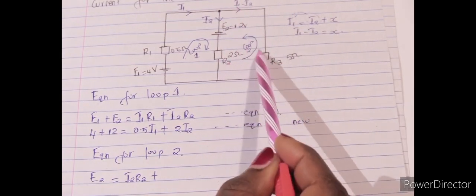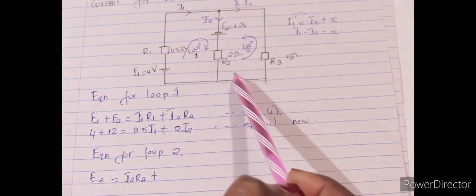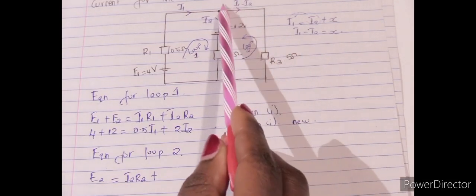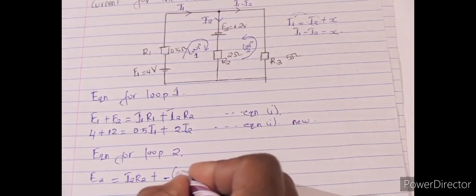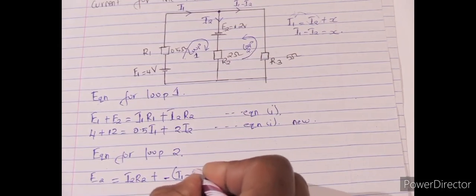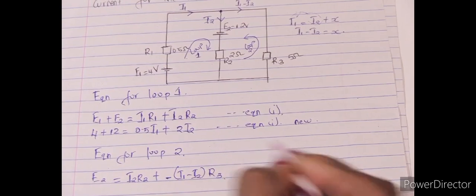But remember, the direction of our loop is anti-clockwise, and our current is coming in a clockwise direction. So therefore, we are going to negate this current. So you're going to have minus (I1 minus I2), you multiply by R3.